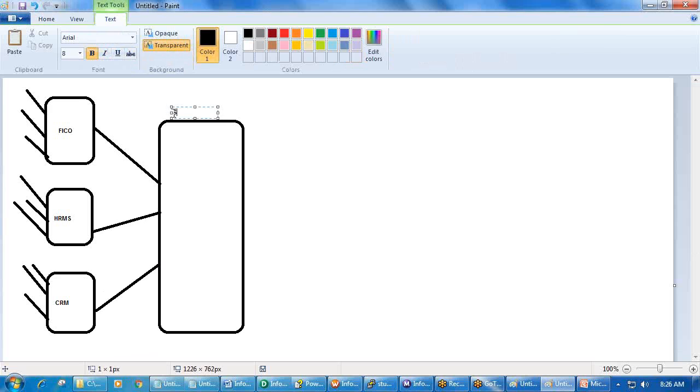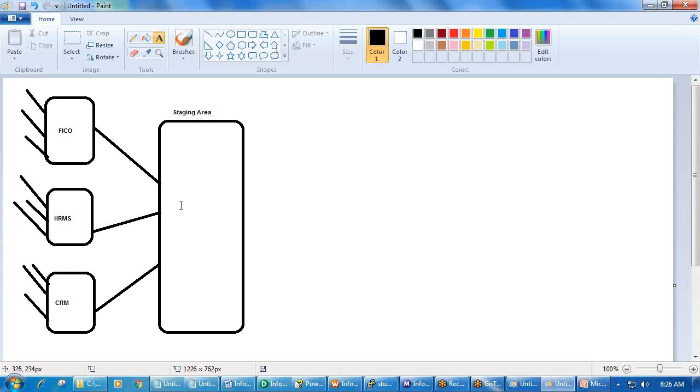When I say staging area or staging database, it's the group of temporary tables. Is it a part of your ETL process? No, it's the physical database which exists. I'll have a separate database which will store only the incremental data. I'll come back to that term, incremental data.